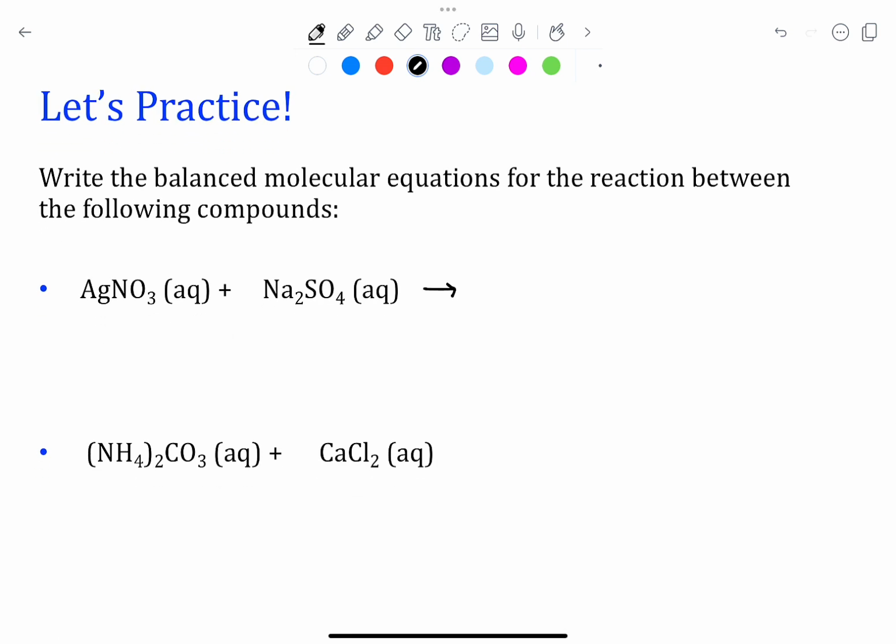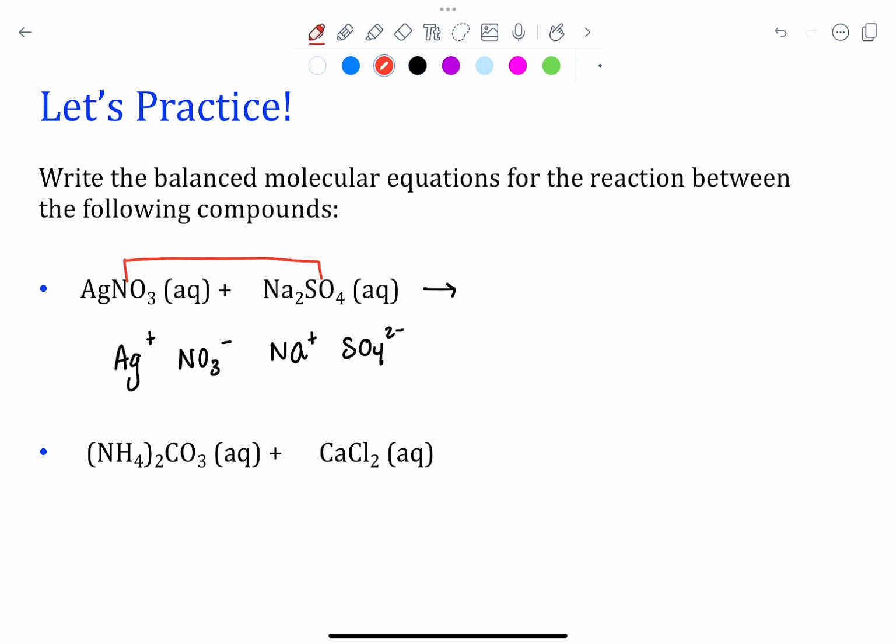So what we're going to do is swap our anions. If we look at our ions in solution, we have Ag+, NO3-, Na+, and SO4 2-.